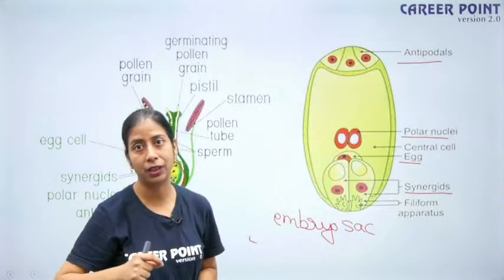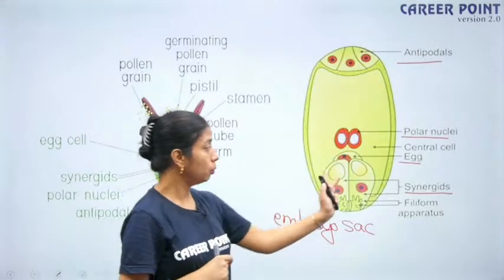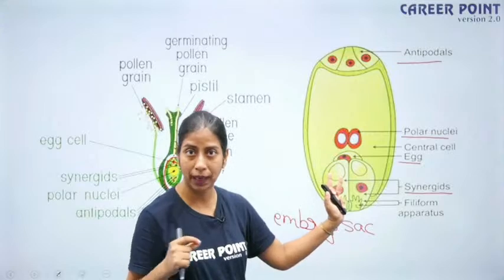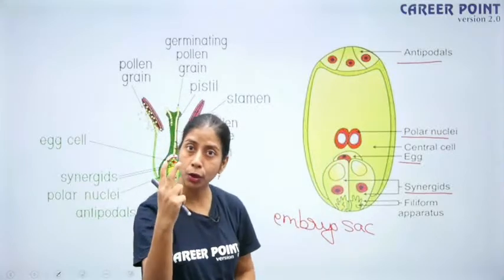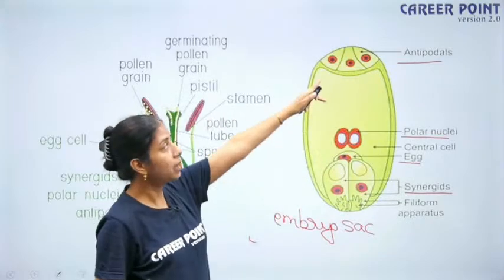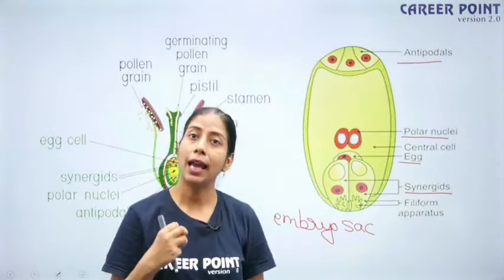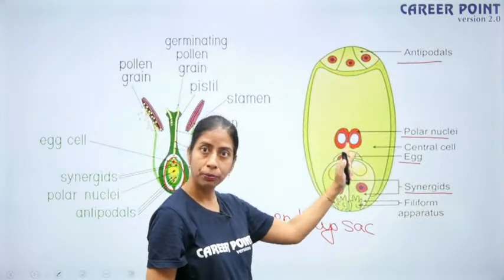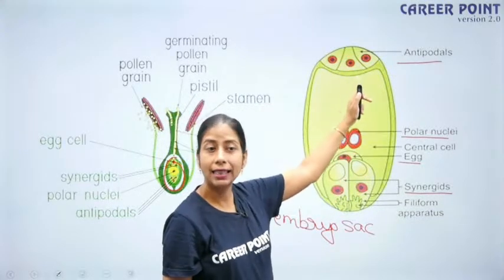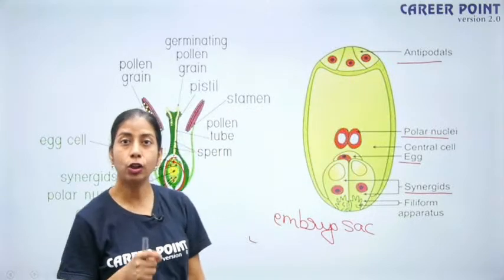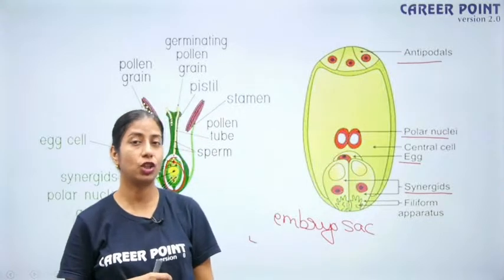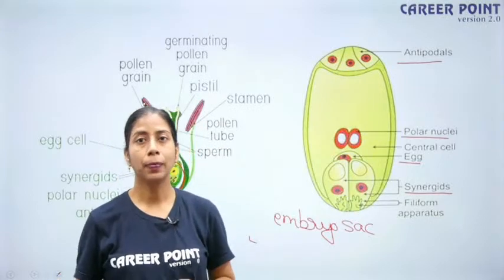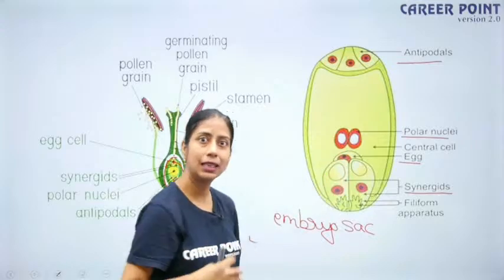तो टोटल कितने पार्ट्स हैं हम एम्ब्रियो सैक में एक बार रिवाइज कर लेते हैं. एग सेल जो कि है हमारा फीमेल गैमेट, फर्टिलाइजेशन के प्रोसेस में रोल करेगा प्ले. उसके पास दो सिनर्जिड्स हैं. सिनर्जिड्स का रोल मैं बताऊंगी जब मैं प्रोसेस ऑफ फर्टिलाइजेशन एक्सप्लेन करूंगी. आप देख सकते हैं दो पोलर न्यूक्लियाई नियर टू द सेंटर, और एकदम एक्सट्रीम एंड में 3 सेल्स हैं जिनको हम एंटीपोडल सेल्स कहते हैं. राइट, सिनर्जिड्स, एग सेल, पोलर न्यूक्लियाई एंड एंटीपोडल सेल्स. ये क्यों पढ़ाया मैंने? क्योंकि अभी हम जब प्रोसेस ऑफ फर्टिलाइजेशन देखेंगे तो वहाँ 2 तरह के फ्यूजन्स होने वाले हैं, जिसको हम एक एक करके समझेंगे, और उन फ्यूजन्स में ये सारे सेल्स के नाम आने वाले हैं.